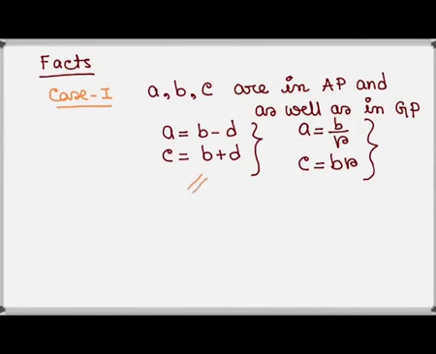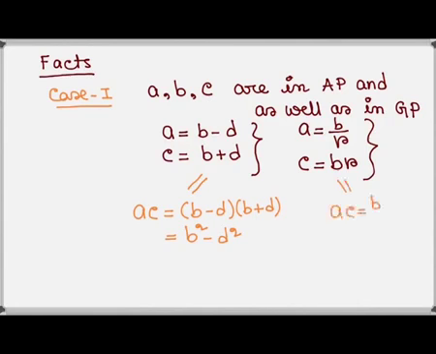From here we get AC is equal to (B minus D) into (B plus D), that means B square minus D square, and from here we get AC is equal to B by R into BR, that is B square. So we get B square is equal to B square minus D square.